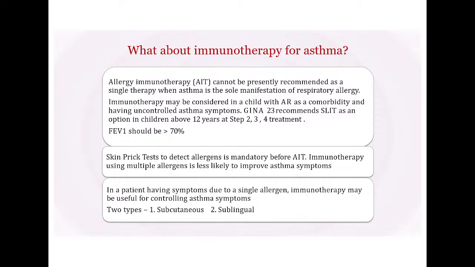So we have to identify first which allergen the child is allergic to. So we have to do the skin prick test first, and once we have identified these 4 or 5 in the list that are the most common allergens causing problems in this child, then we can give immunotherapy by the sublingual route.